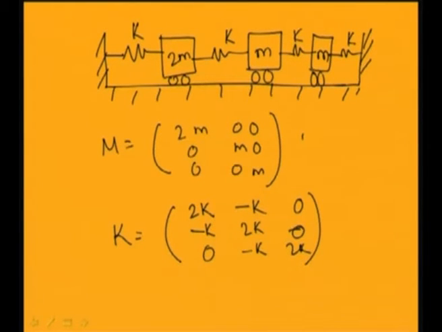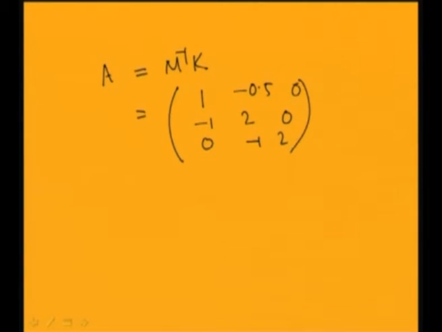So if you take a system with this mass matrix and this stiffness matrix, you can find the A matrix from M inverse K. This M inverse K will be equal to K by M times [1 minus 0.5 0; minus 1 2 minus 1; 0 minus 1 2].